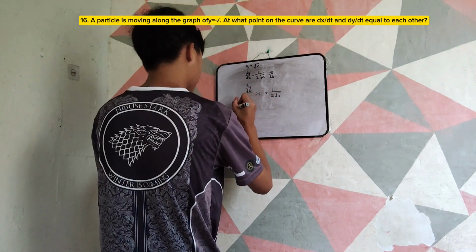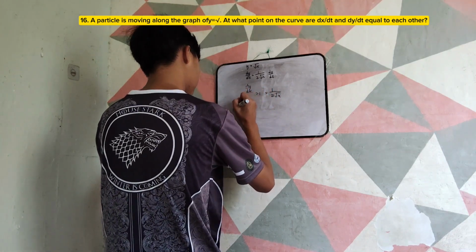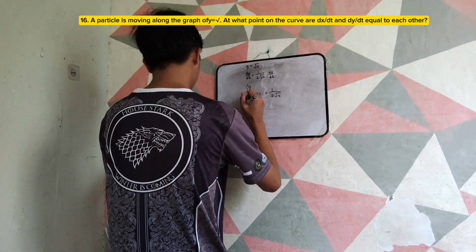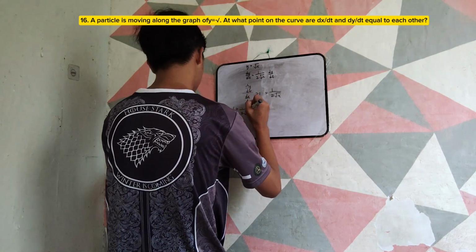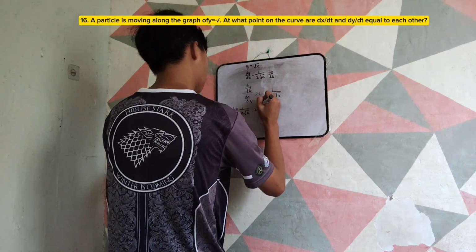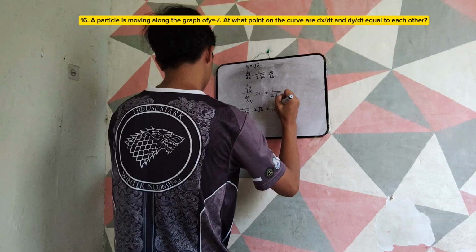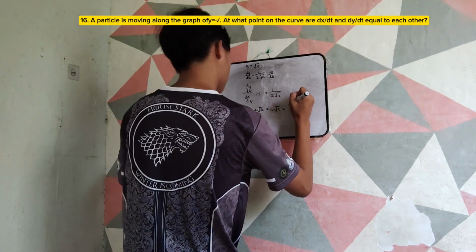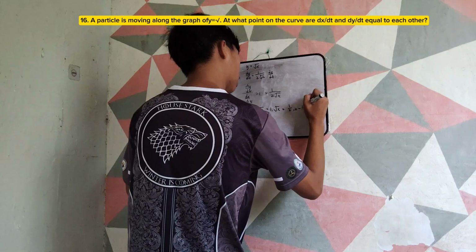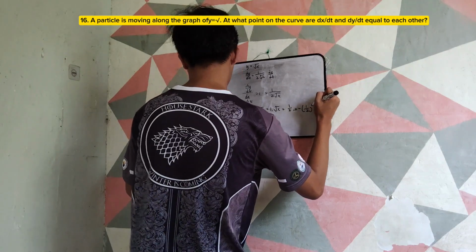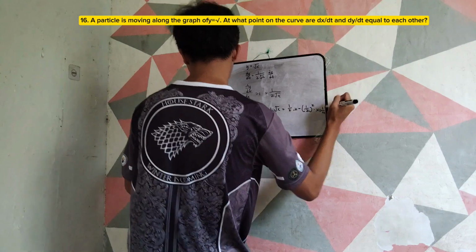So therefore, 1 equals 1 over 2 square root of x, or 2 square root of x equals 1, or square root of x equals 1/2. Squaring, x equals 1/4.